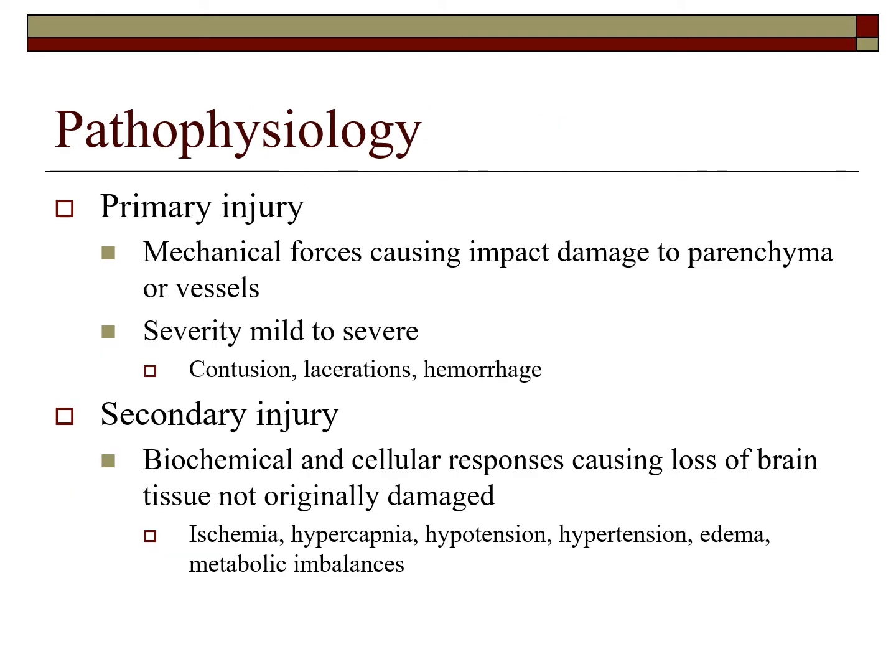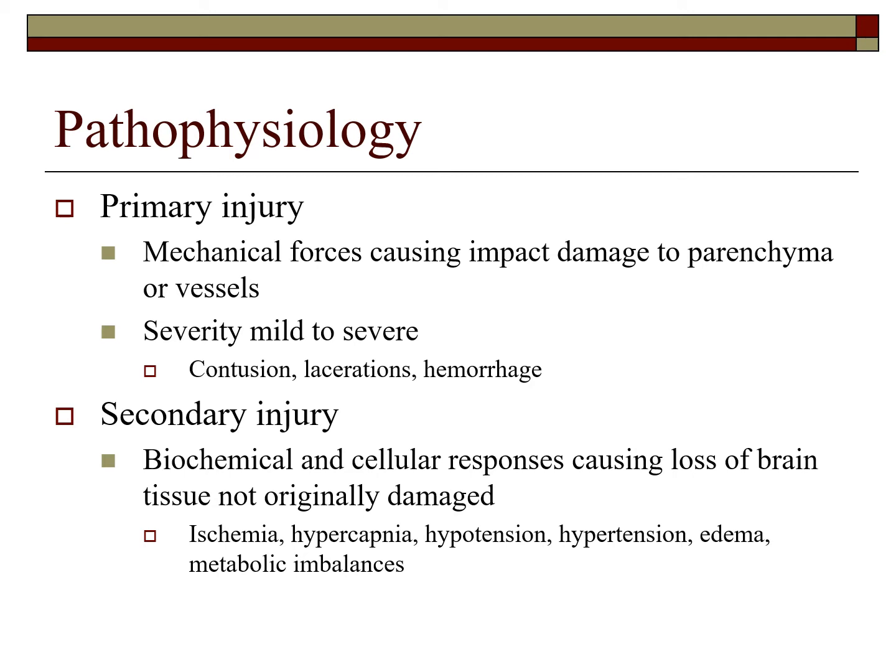So here's our pathophysiology for brain trauma. Typically there's a primary injury, and you can see due to the mechanical or the penetrating forces, they damage the tissue, they can damage the vessels, and we can have a very mild injury, such as a contusion or bruise, to lacerations to hemorrhage.